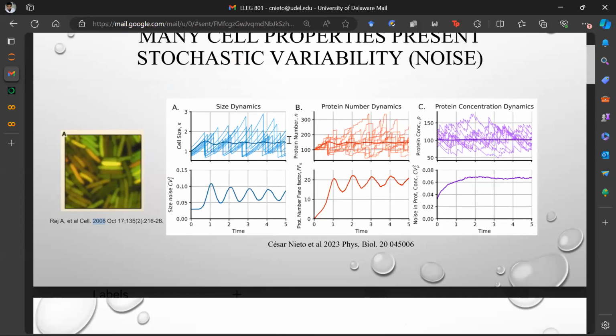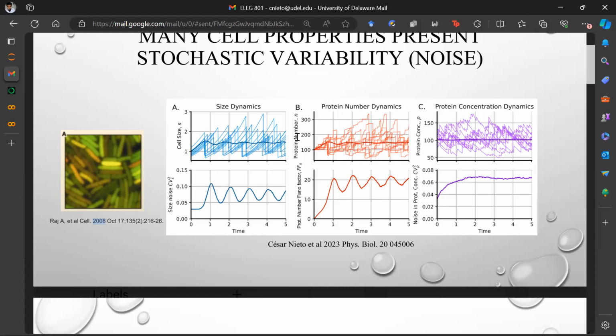The mean is the typical average. We can also study the noise. The noise is usually measured using the variance, the second order moment, which we're going to explain later, over the mean squared, such as this CV squared. It is a measurement that doesn't have any dimension or units, it's adimensional, so if you change the scale, you're going to get the same CV squared.